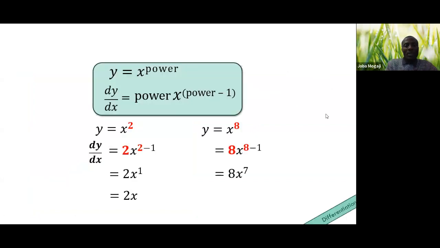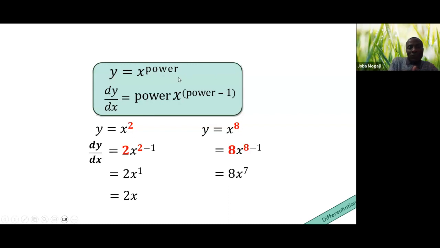Now, there is a bit of information that we need to understand about differentiation. If you have y equals s raised to a particular power, I don't know the power now, but let's call that power n, and you are to differentiate this particular equation, y is equal to s raised to the power n.